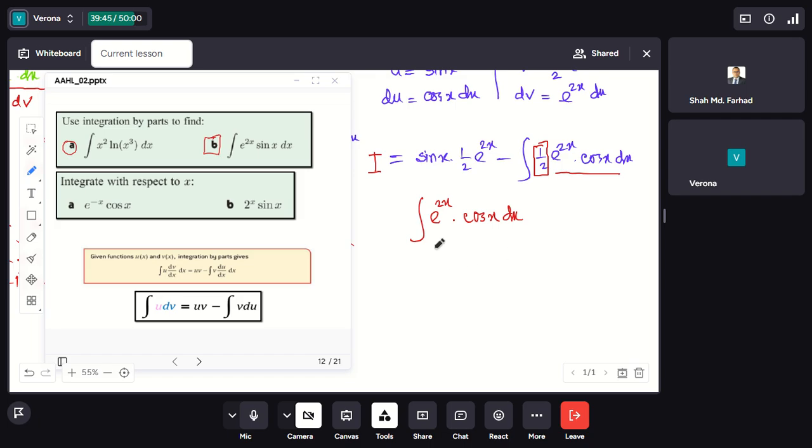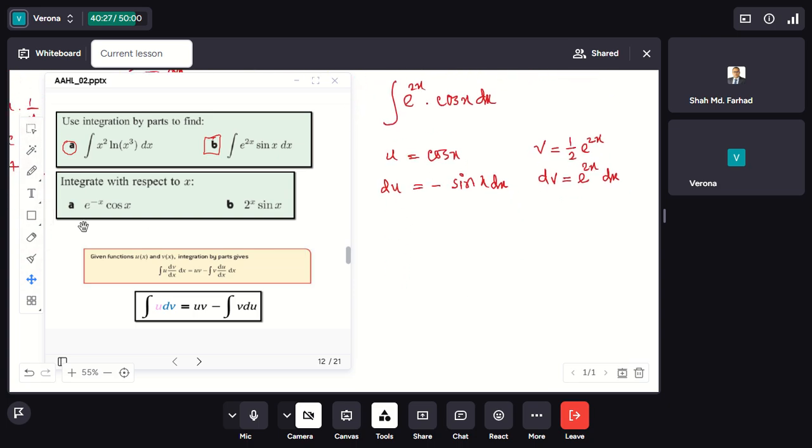Now here we choose cosine x as u. So again, u is cosine x, so du will be negative sine x dx. And we have to find v, where dv equals e power 2x dx. So v will be 1 over 2 e power 2x.